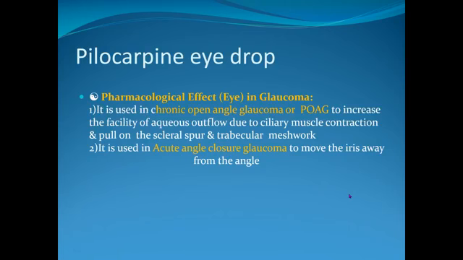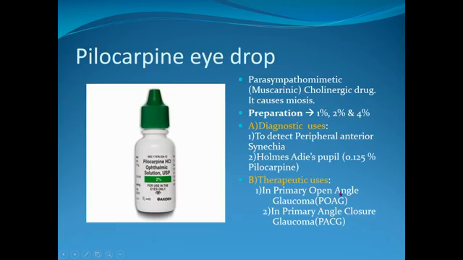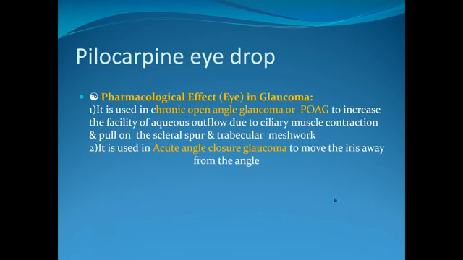Pharmacological effects on the eye in glaucoma, that is the mechanism of action. It is important in OSPE as well as in viva, so try to understand. As we said in the previous slide, it is used in primary open-angle glaucoma and primary angle closure glaucoma.